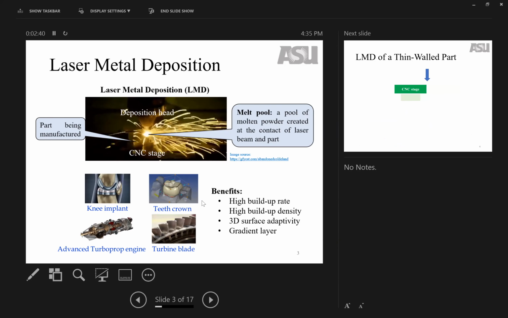Also, it is very useful for building high value, low demand products, such as the advanced turboprop engine for aircraft propeller. Compared to other additive manufacturing processes, LMD is also advantageous for its high build-up rate and density. Also, it is able to build 3D surfaces adaptively and has very gradient layers.